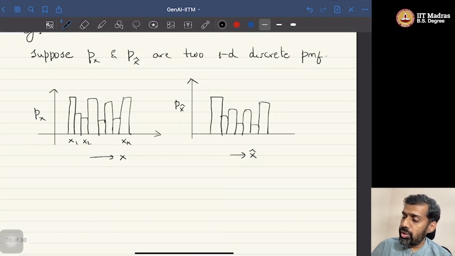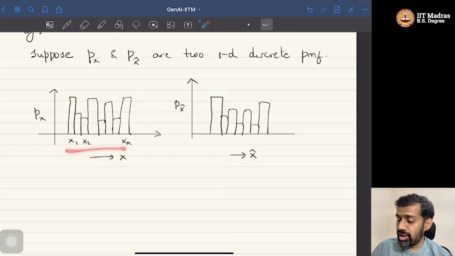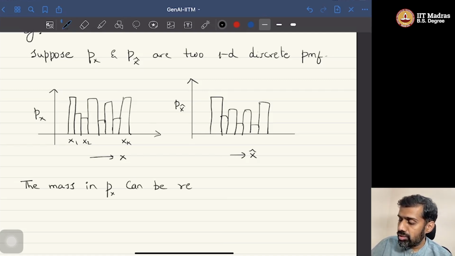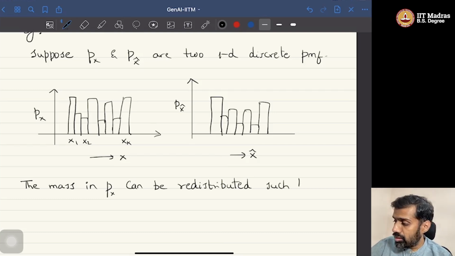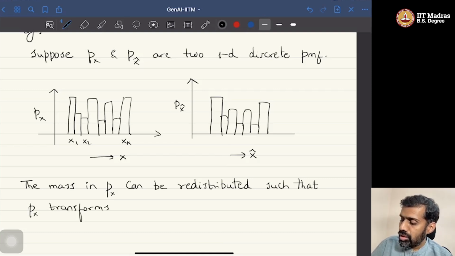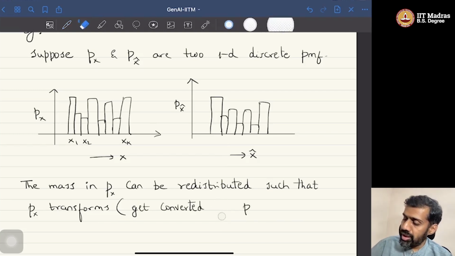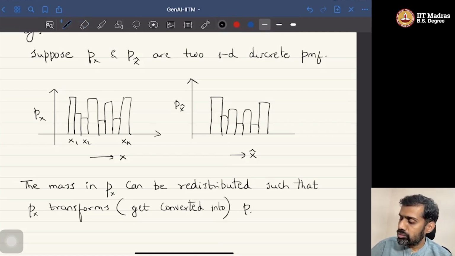So we want to redistribute the mass on the x-axis of the P_X distribution such that it will transform, or get converted, into P_X cap. So what we are saying is that the mass in P_X can be redistributed such that P_X gets converted into P_X cap.